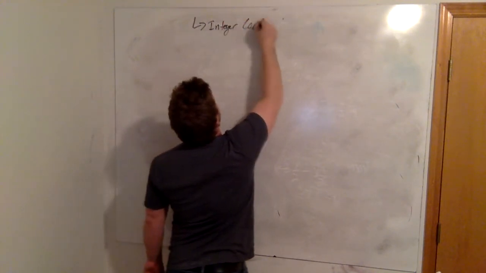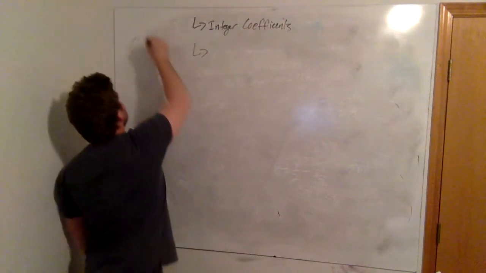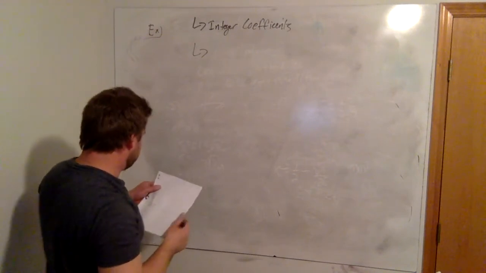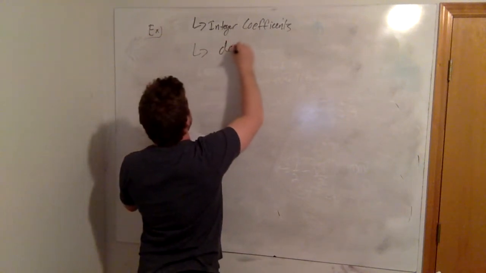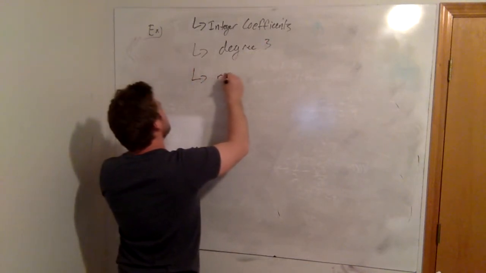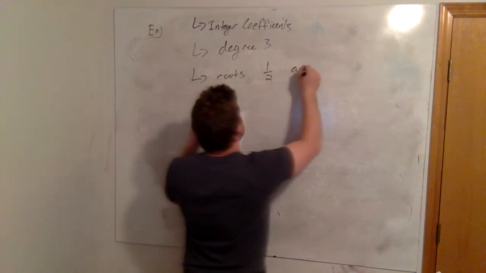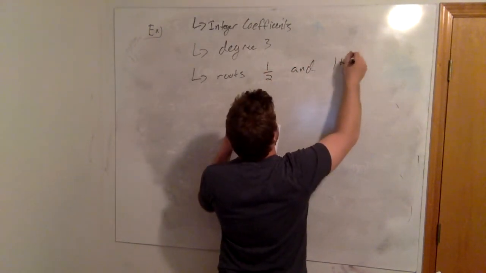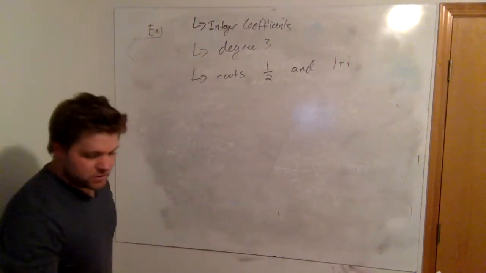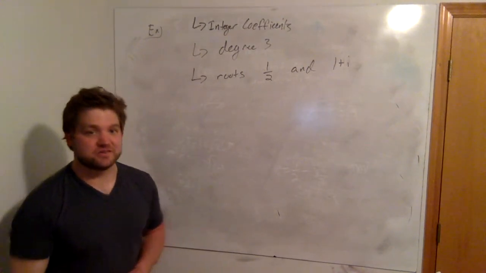For our first one, integer coefficients, let's say degree 3, and has roots, how about 1/2 and 1 plus i. So these are our conditions, and we want to build a polynomial with these conditions.